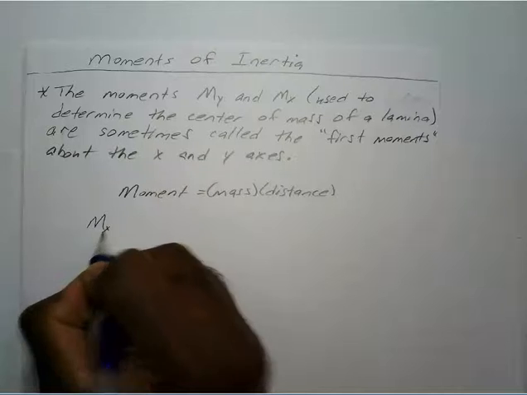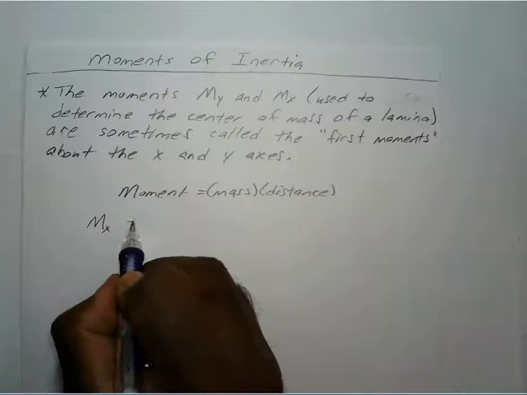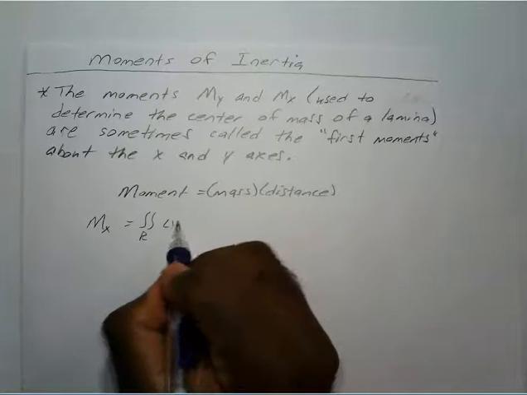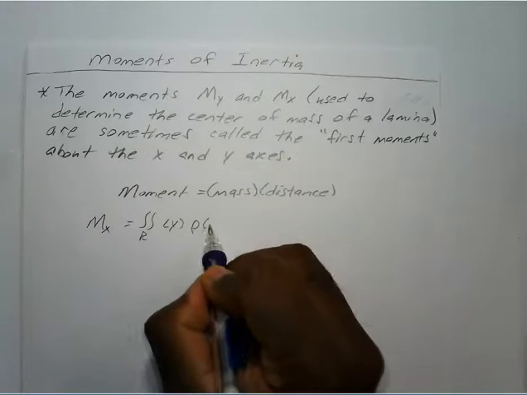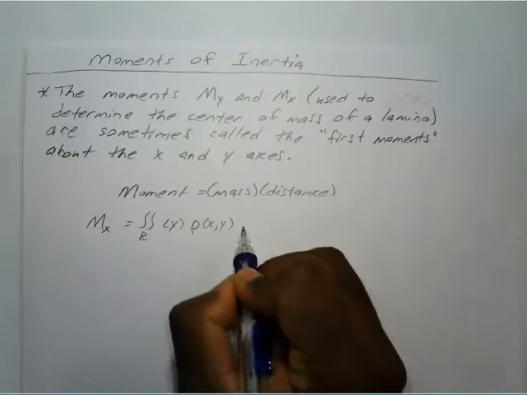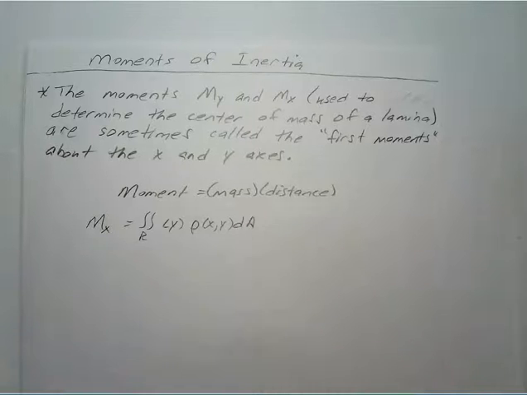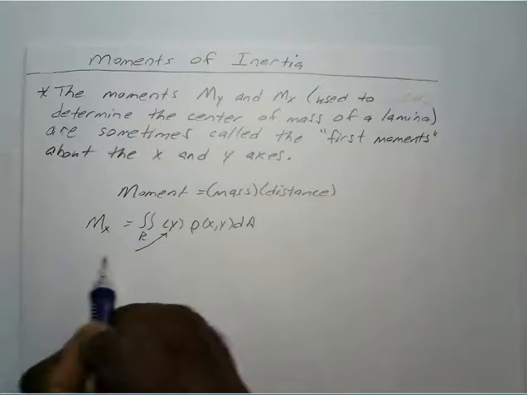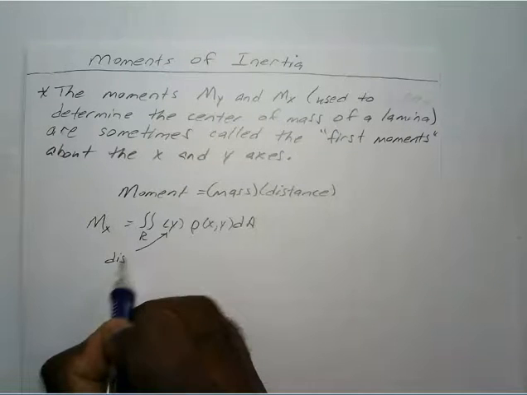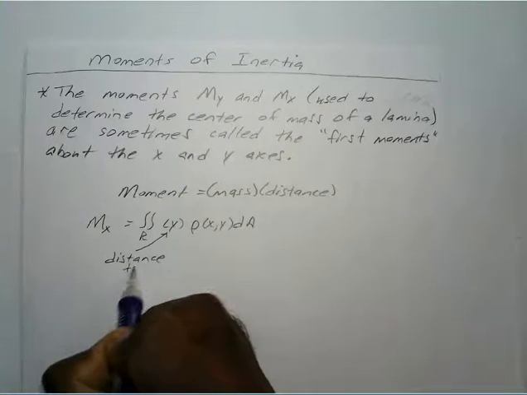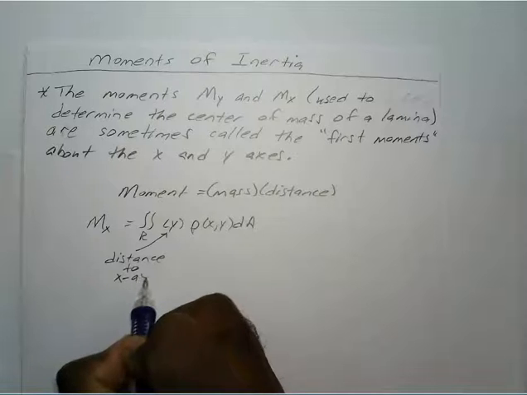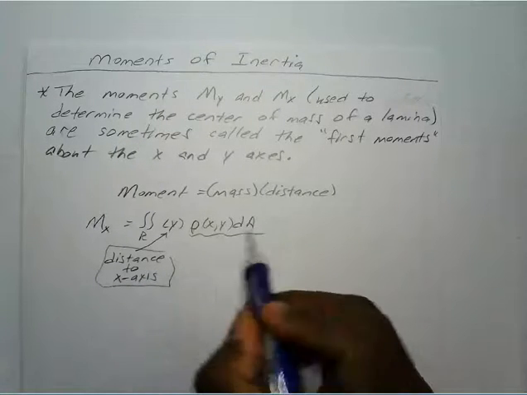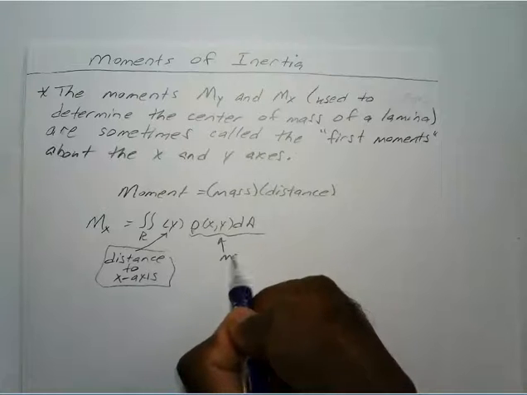So the moment with respect to the x-axis is equal to the double integral of y times rho of x y, where of course this y is our distance to the x-axis. And of course our rho is our mass.